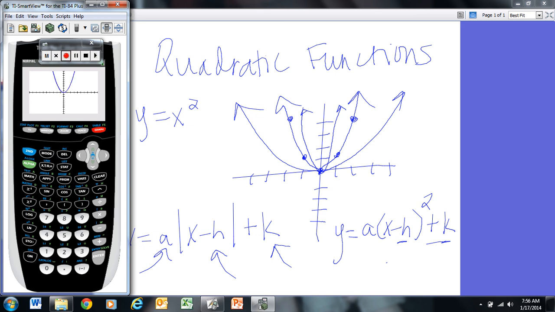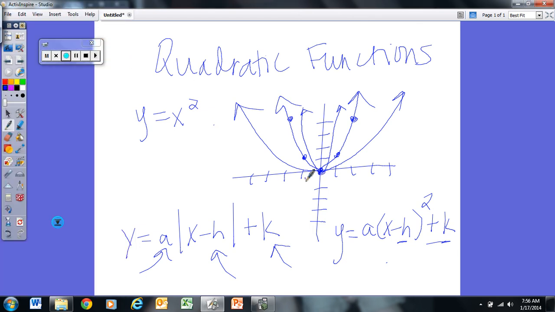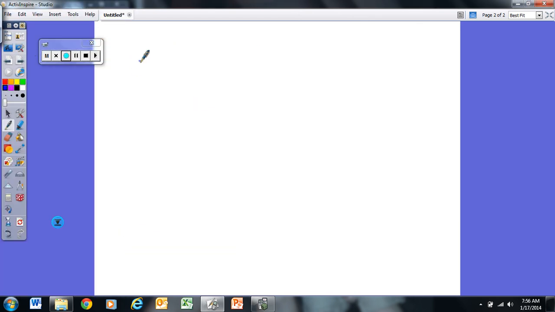The other thing we talk about with this vertex form of a quadratic is the vertex. So here you can see the turning point right there, the turning point right there. Another word for turning point is a vertex. And here's how you find the vertex. So let's say we have the graph y equals x minus 2 squared plus 3.